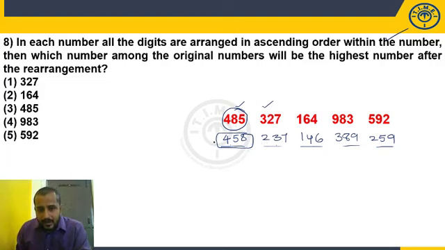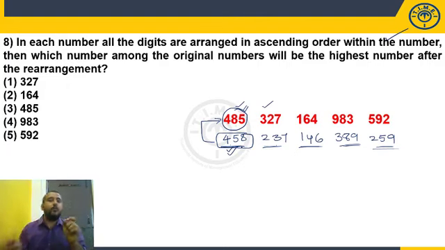But this number is originally obtained from which number? 485. So what will be my answer? After applying the given operations, the new numbers formed are 458, 237, 146, 389 and 259, and among these 458 is the highest number. But what is the question asked? Which original number will be the highest number?